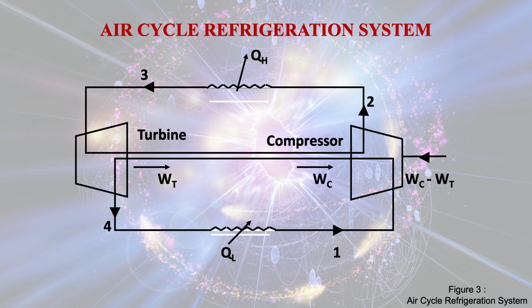So 1 to 2 is the process which is going on in the compression. For that we have to perform work onto the system, that is WC. Now between 2 to 3 is the heat given out by the air to the surroundings. So QH is the heat given out to the surroundings, and the point 3 is the state of air which is just about to enter the turbine. Now let us see how we can calculate for different parameters.